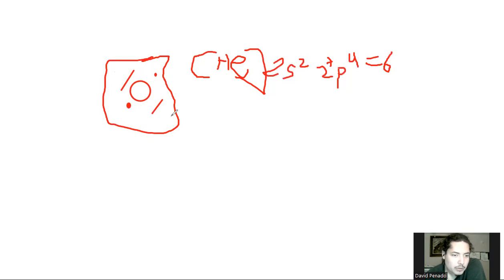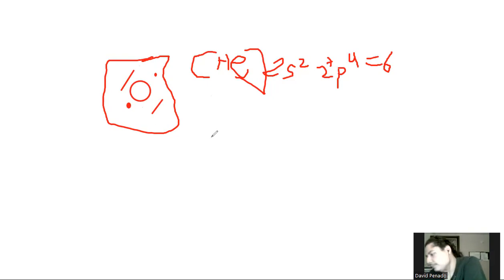The valence is 6. Two are in one orbital, another two are in one orbital, one is in its own orbital, and the other one is in its own orbital. But that's another technical term that I'm not going to touch.